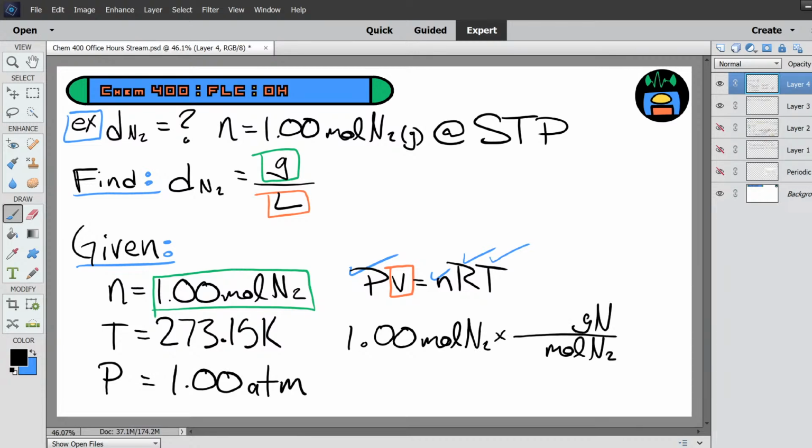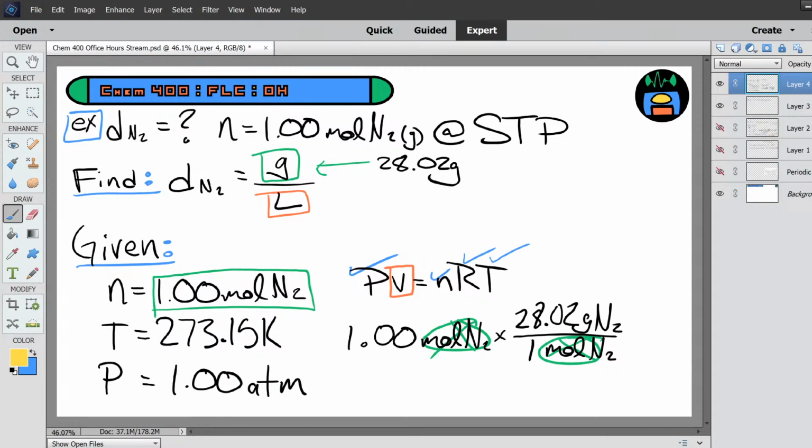Nitrogen, the atom, has an atomic mass of 14.01, so the molecule has a mass of 28.02 grams per mole. Moles cancel moles, and that gives us a numerator of 28.02 grams.